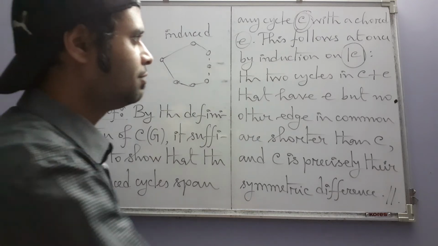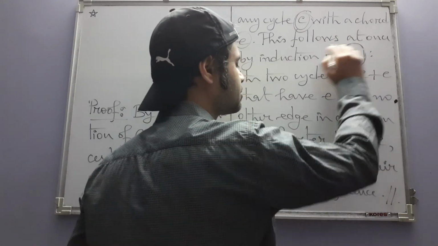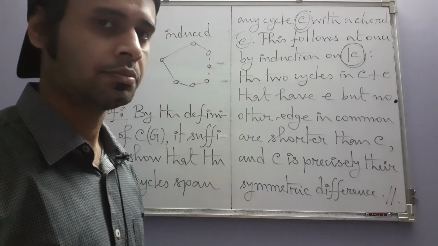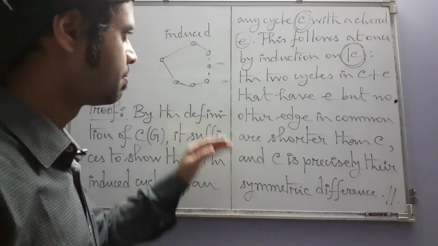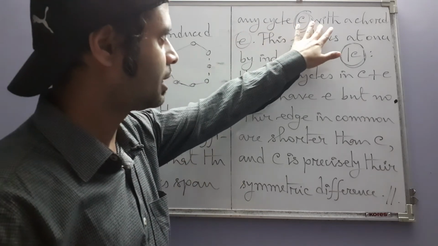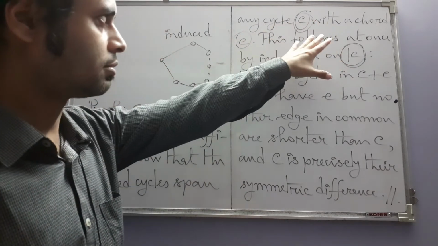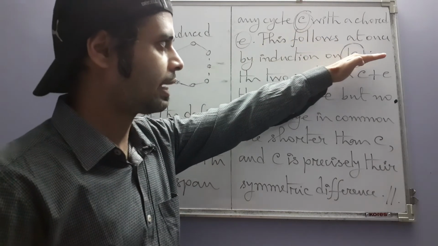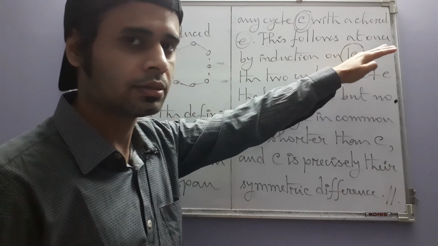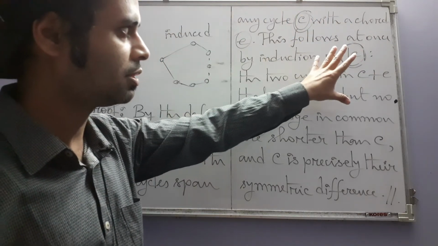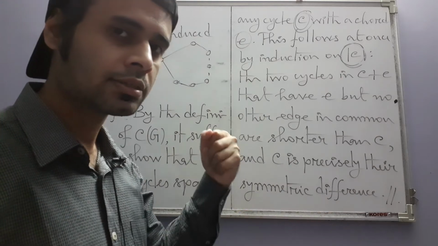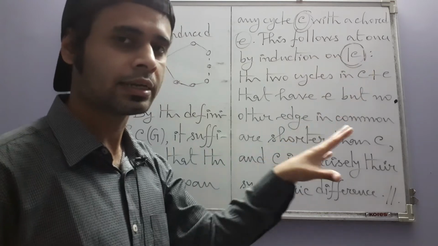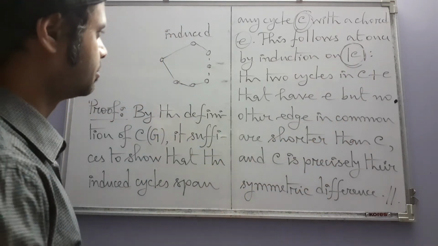So that means if our size of C is the smallest possible, then C itself is an induced cycle. Here, however, we are mentioning that we are considering C as not such a cycle, but a cycle with chord. But to actually start the induction, let us not consider this for a moment. We are just simply considering any cycle, and on the sizes of the cycles themselves we are applying induction.